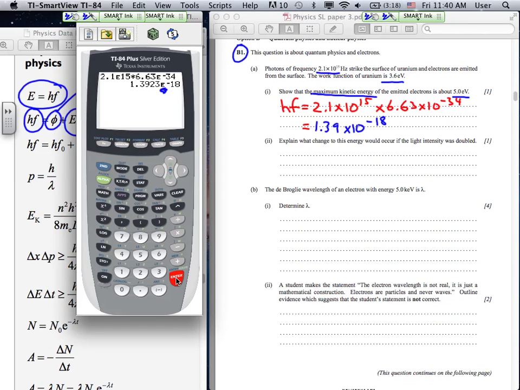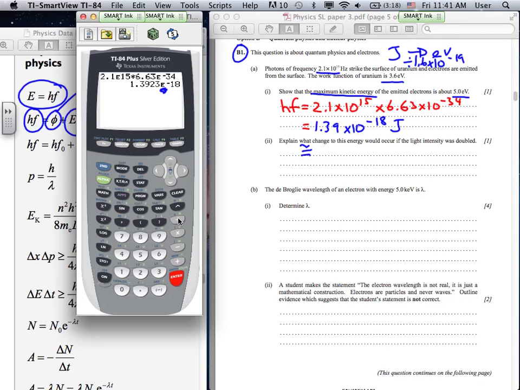Now that's in joules. Now we need to put that into eV. To go from joules to eV, we obviously have to divide by 1.6 times 10 to the negative 19. So let's just do that.